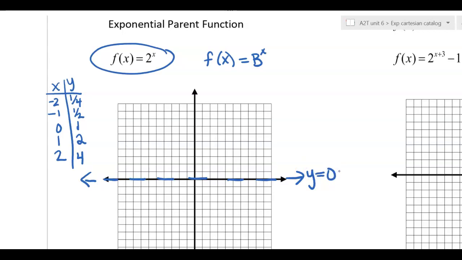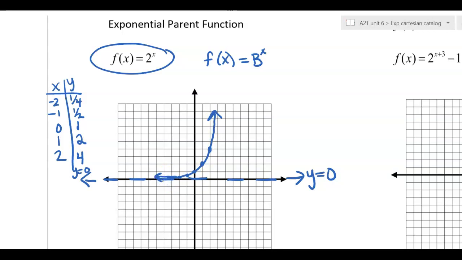And honestly, I personally like to include it in my parent function, because then when I transform the table, I could also just transform the asymptote if I wanted to. Okay, and then I'm going to plot the rest of these points. So negative 2, 1/4. Negative 1, 1/2. 0, 1. 1, 2. And 2, 4. And then you see a curve like you guys saw in the investigation.